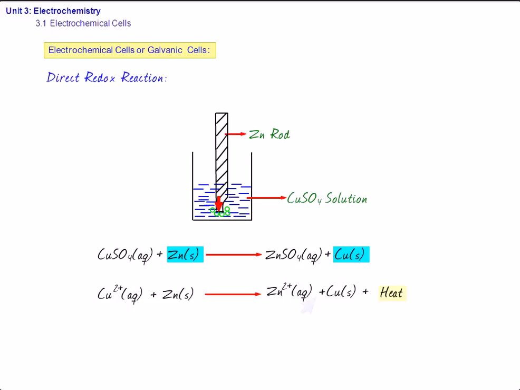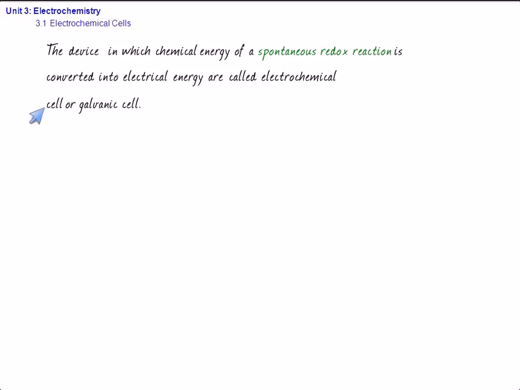An electrochemical cell is a device. The devices in which the chemical energy of the spontaneous redox reaction is converted into electrical energy are called electrochemical cells or galvanic cells. So you must understand that electrochemical cells are based on spontaneous redox reaction, and the chemical energy of this redox reaction is converted into electrical energy.